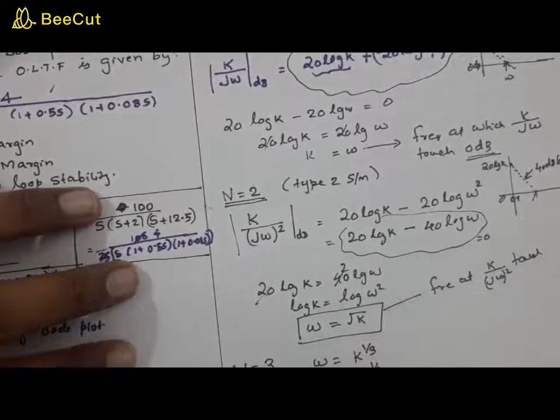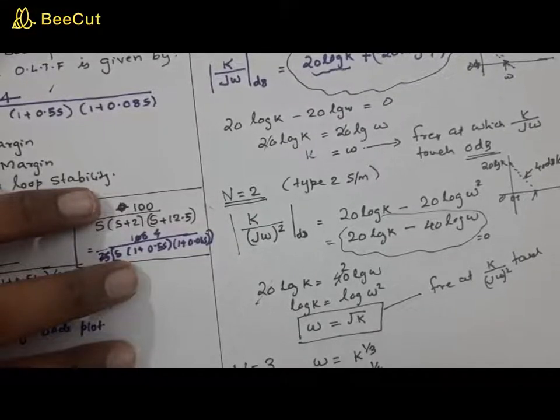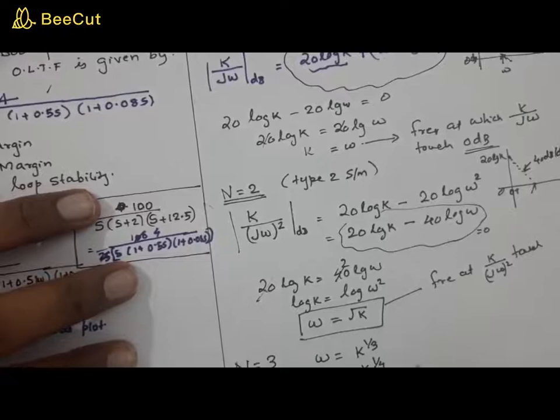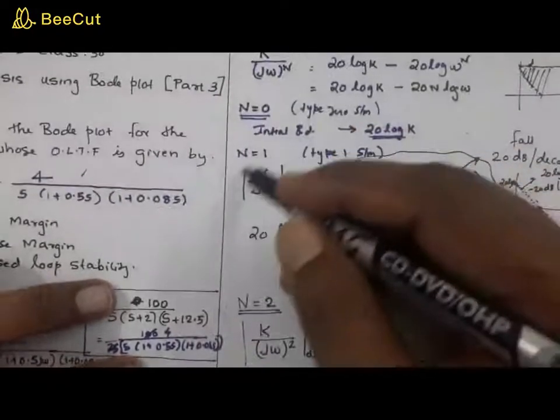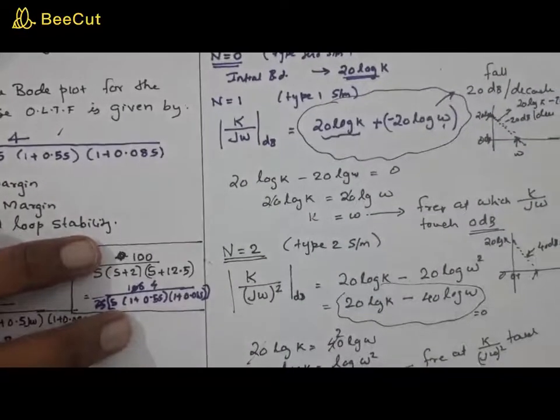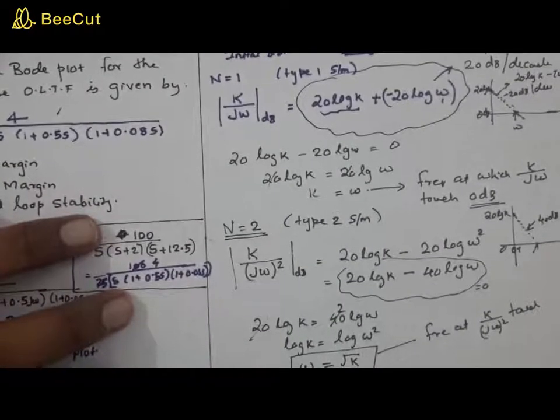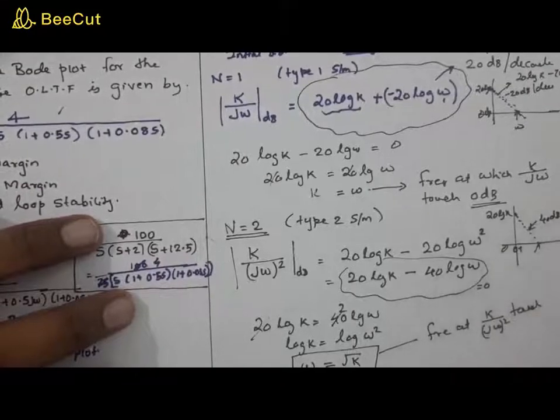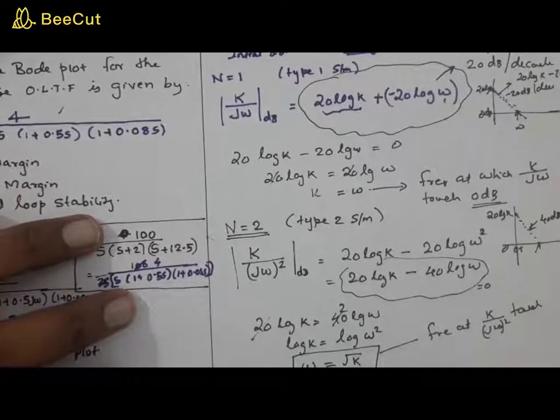And for n, omega is equal to k raised to 1 by n. This is very important. This is the frequency at which that particular term touches the 0 dB. Once you know that frequency, it is very easy to draw a line with that particular slope.